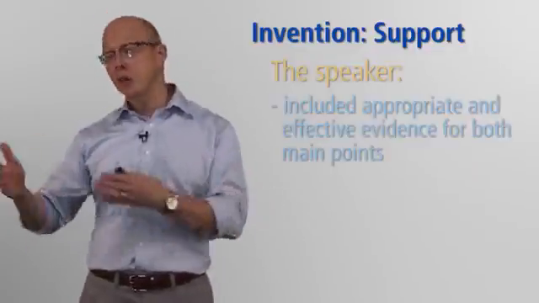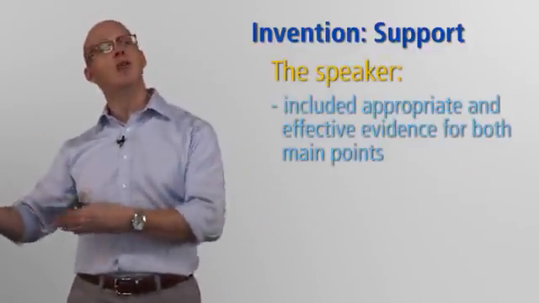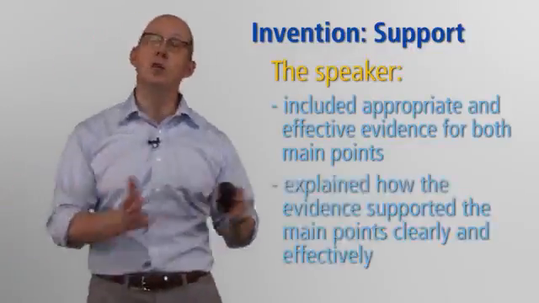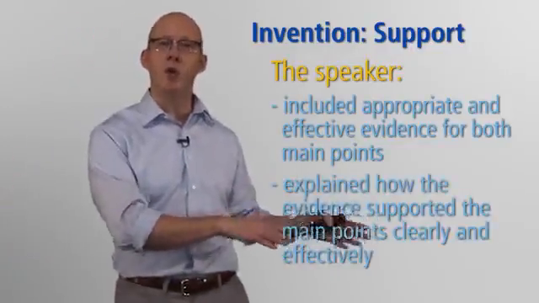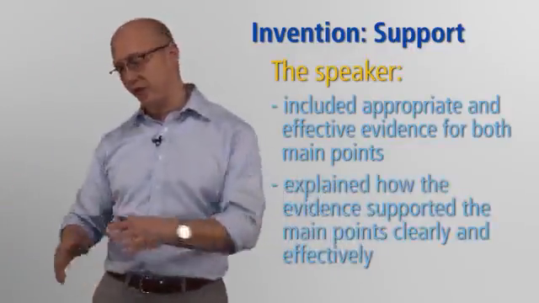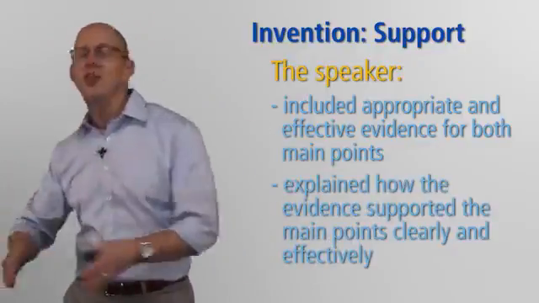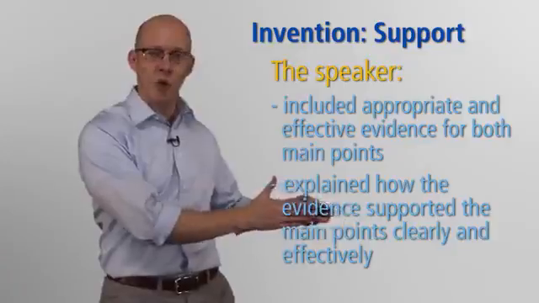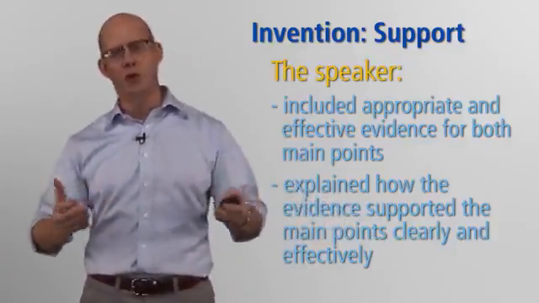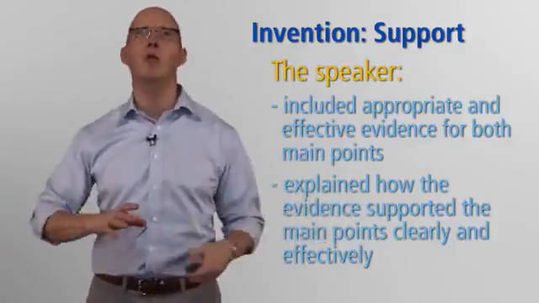So that's one invention category. Another invention category would be the support. Included appropriate and effective evidence for both main points and explained how the evidence supported the main points clearly and effectively. So once again, presence and explanation. Did you have good evidence, and did you explain the evidence well? So it gets us to both sides of the coin, preparation as well as performance.